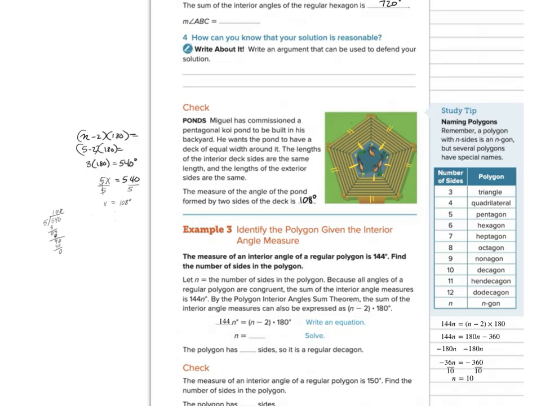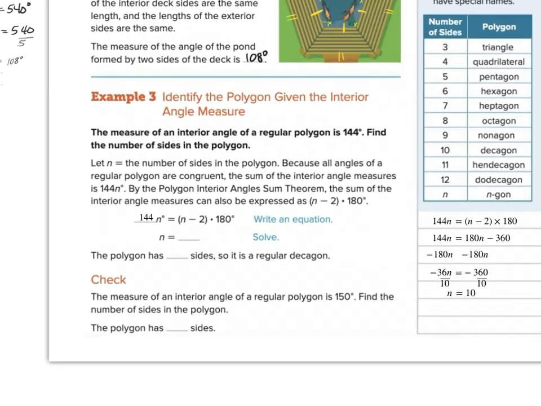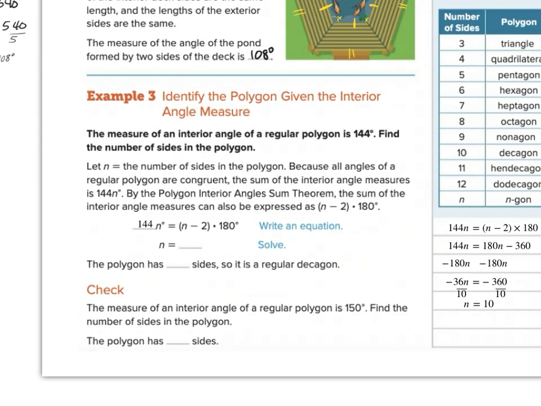Now, identify the polygon given the interior angle measurement. Okay, they're going to give us the interior angle measurement, and now we need to figure out how many sides the polygon actually has. So again, we are trying to calculate what n is.